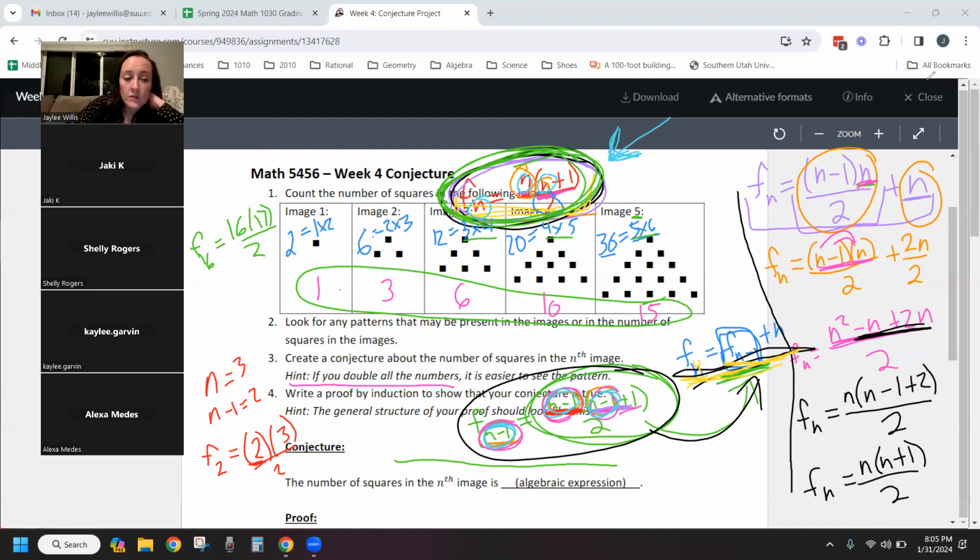Sometimes this notation can be helpful for thinking through it. If you write the green statement and put the n minus 1 stuff in parentheses, it's a lot of extra parentheses you don't have to have, but it can help point out the fact that you're replacing the n's with the n minus 1's.